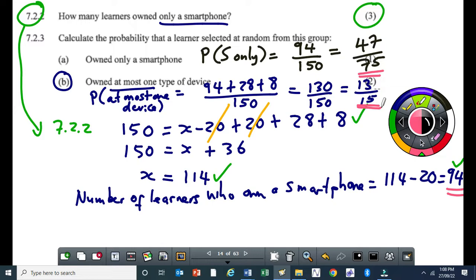In that case, it will be 1 minus 20 over 150, and then you get 130 over 150. But I don't want to go that route at the moment because I haven't introduced what are called complementary events, which probably I will introduce tomorrow. But it could be done that way as well. Any question?